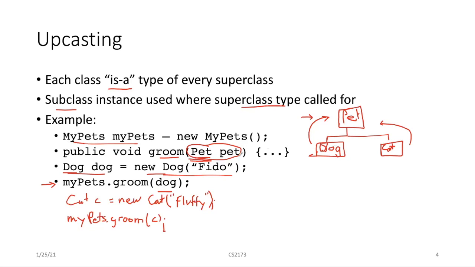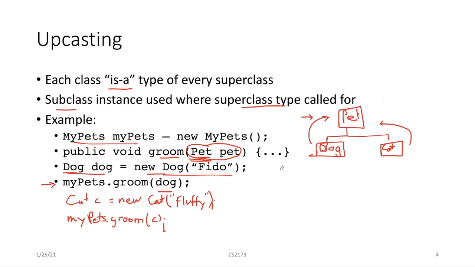So I can't make this pet bark, and I can't make the cat meow, because neither of those methods are in pet. I can do everything in pet, but none of this changes the identity of either the dog or the cat. In other words, objects do not change their identity when you treat them as if they were a superclass type.